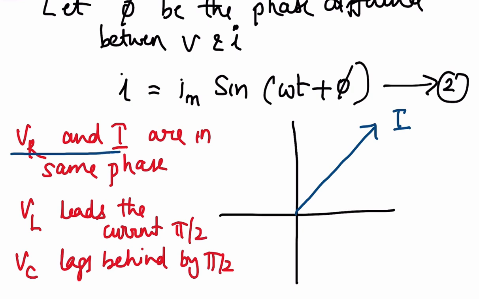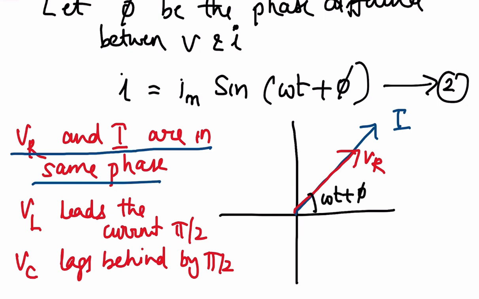That means the voltage across the resistance is along this same vector, which is VR, and it makes an angle with the x-axis, that is omega t plus phi as per the above equation 2, because the current is making an angle omega t plus phi with respect to the x-axis, and the voltage across the resistance and the current are in the same phase. Now let us go for the next one, that is, the voltage across the inductance leads the current by pi by 2.